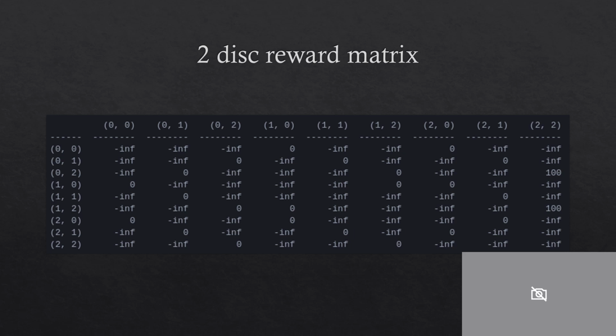The second disk would be the bigger disk, and so it's not on top of the stack, so we can't move it, so it has negative infinity. All the possible moves that we're actually allowed to take have a 0, except 2 states. On the right column we have a reward of 100, and those are the 2 possible actions that move into the winning position and therefore are rewarded with plus 100.